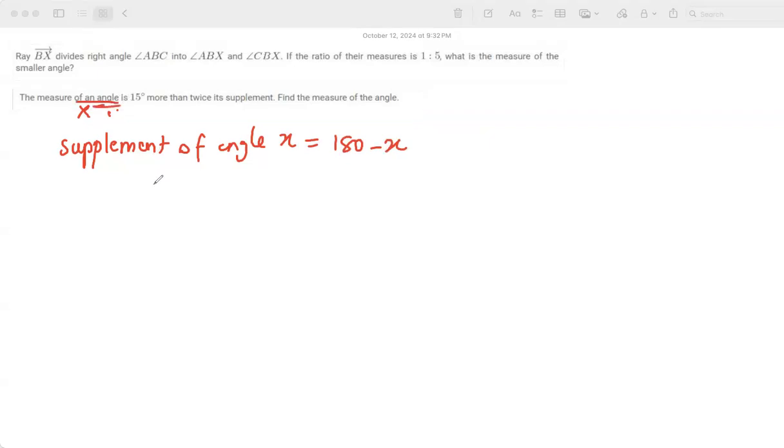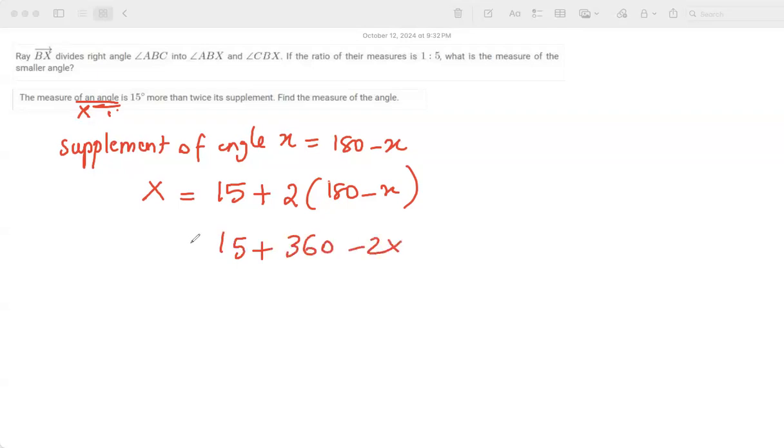The measure of the angle is 15 degrees more than twice its supplement. Do you see how I formed the equation? 15 plus 360 minus 2x equals x. 3x equals 375. X will be equal to 125.